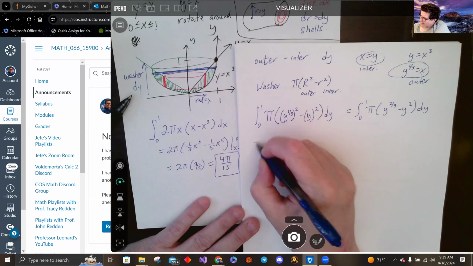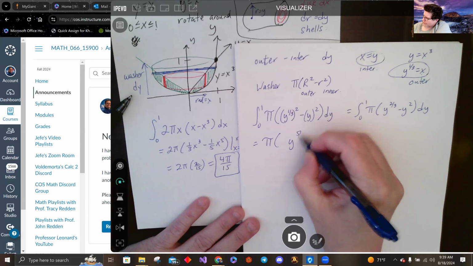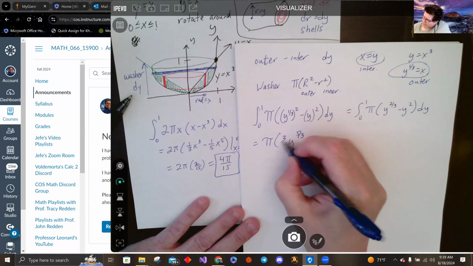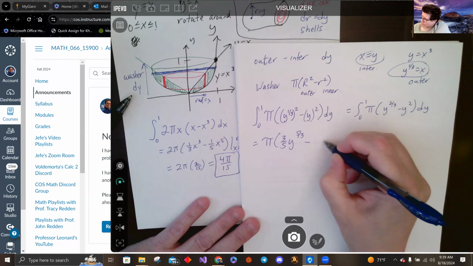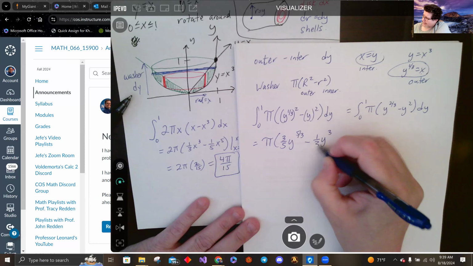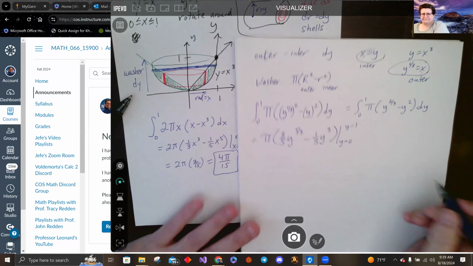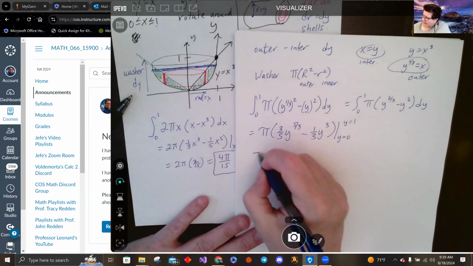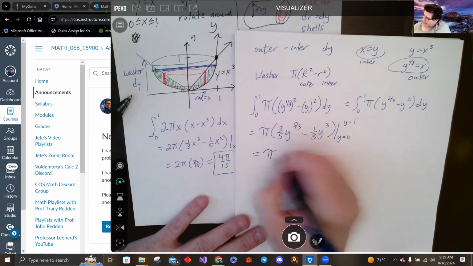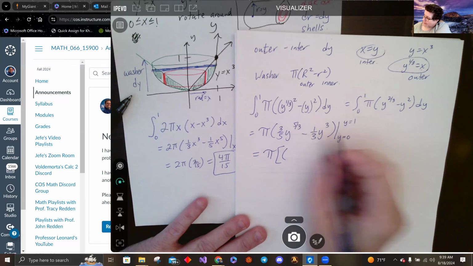And so if we integrate this, we got pi. The y to the 2/3 goes to the 5/3. Then we use the reciprocal of that, 3/5 there. The y squared goes up to y cubed. We use the reciprocal there. We got that. And we're going from y equals 0 to y equals 1. So when we evaluate, we got pi times, well, sticking in 1, 1 to any power is just 1.